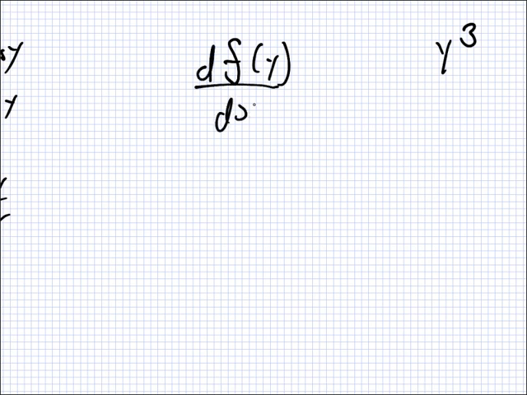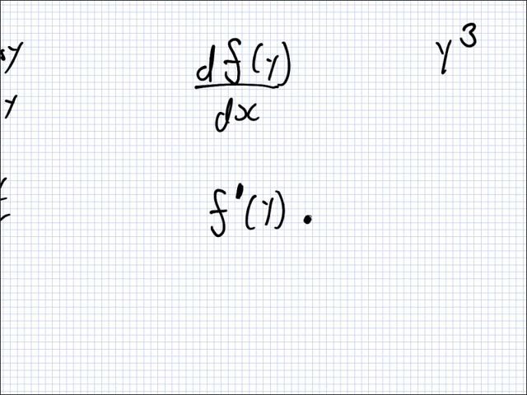Guys, look up. This is what I'm saying. If you have some function of y, for example y cubed, and you want the x derivative here, what you do is differentiate, pretending y is like x, like a normal function.